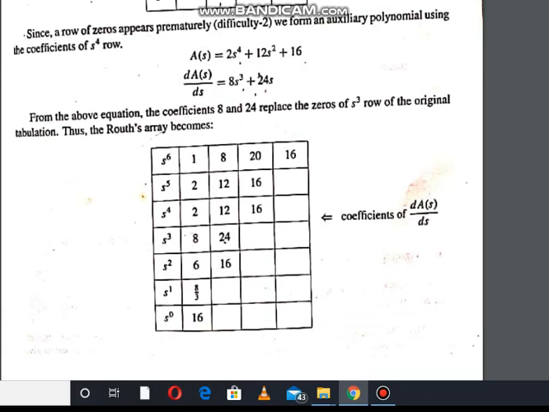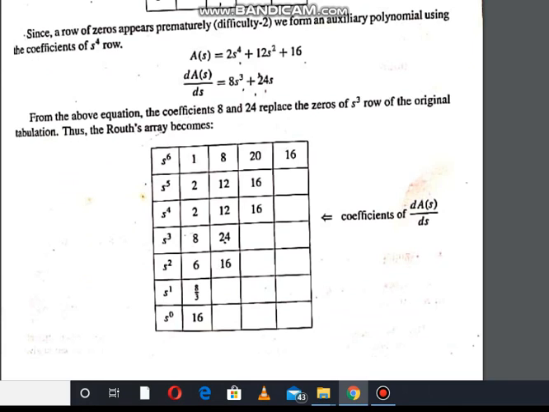Now we fill the remaining values. For the s square row, we consider the previous two rows, 2, 8, 12, 24 divided by 8. So we'll get 6. To find the other column value in the same row, it is 2, 8, 16, 0 divided by 8, leaving the second column. We'll get 16 and the remaining values will be 0.